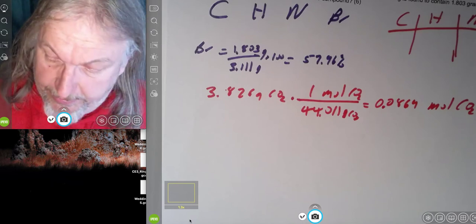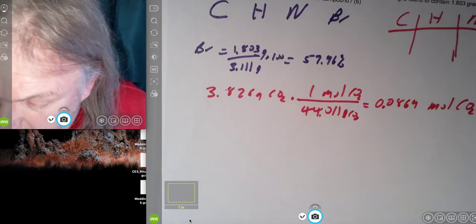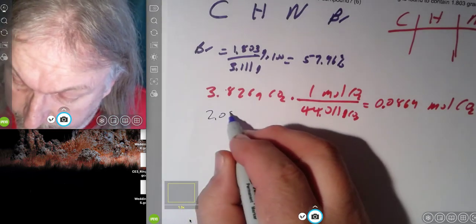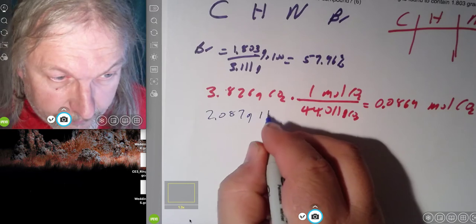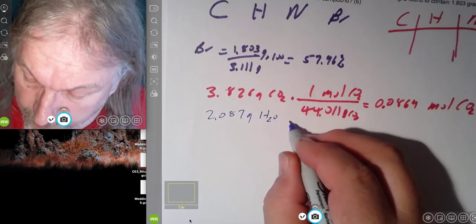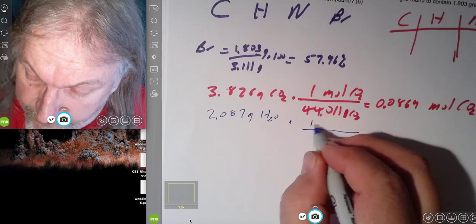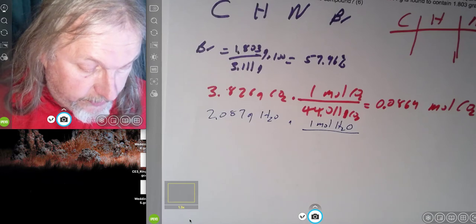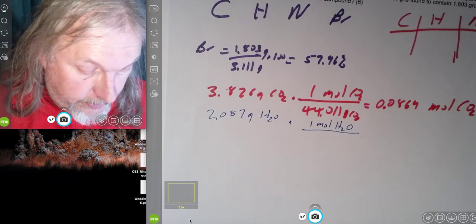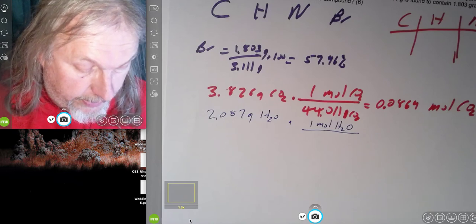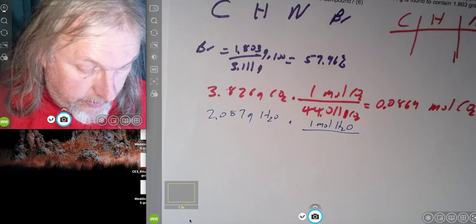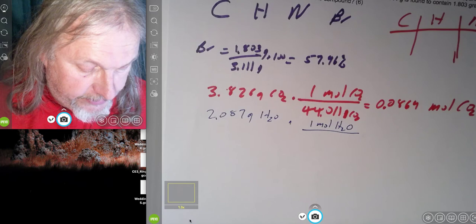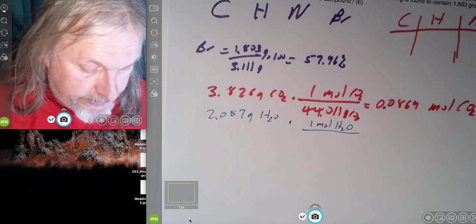it gave me my mass of H2O: 2.087 grams of water. I can calculate the number of moles of water. That's 1.0079, the mass of hydrogen, times 2, plus 16.